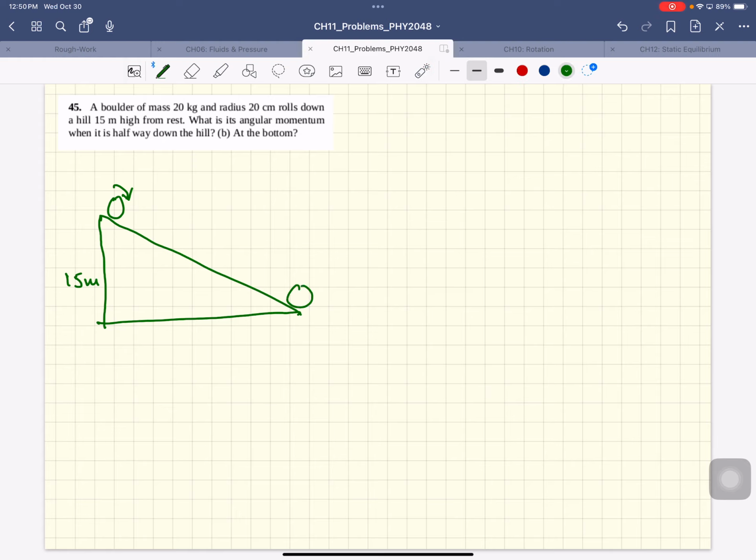What is it that we want to find? What is its angular momentum? What we'll calculate is V center of mass, omega. So we'll calculate the velocity of the boulder at the bottom, which will be related to the angular velocity, and angular momentum is I times omega.